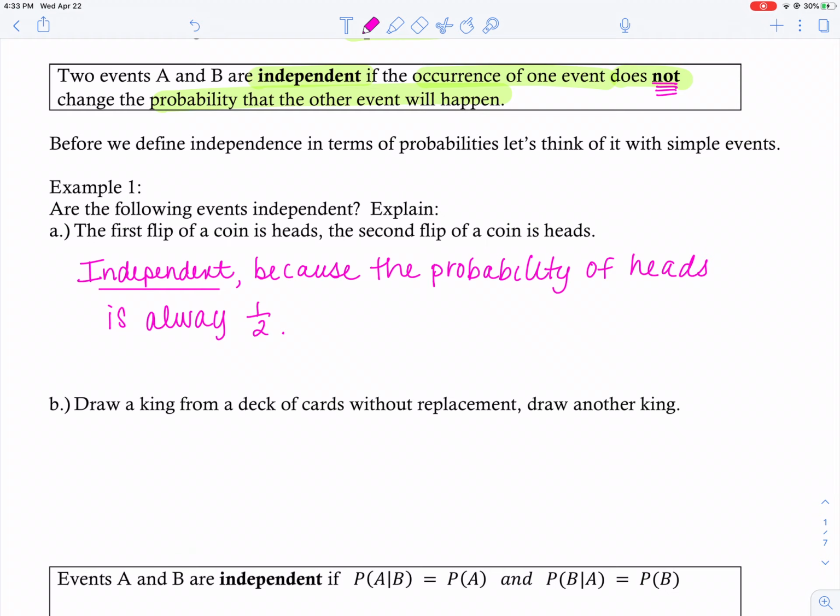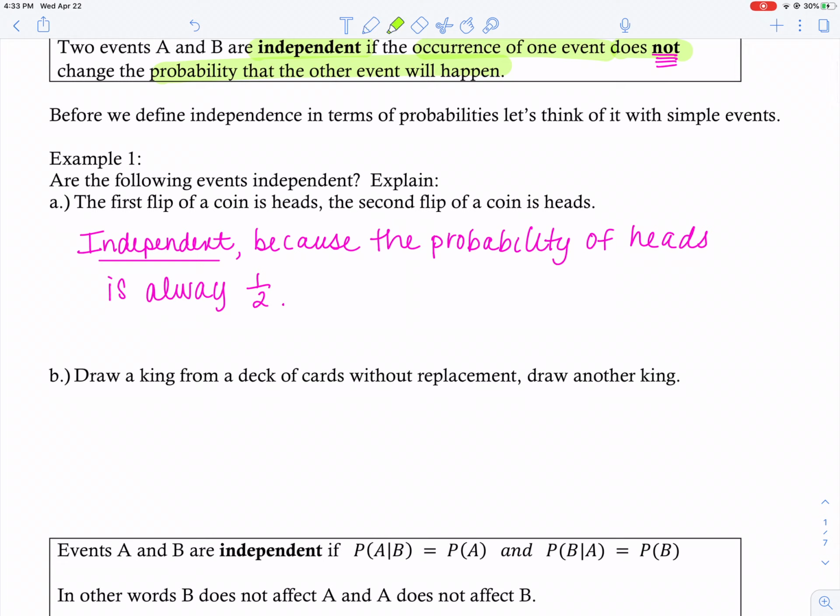Next one says you draw a king from a deck of cards without replacement, then you draw another king. Without replacement means you don't put it back. Will those events be independent of each other? No, these are going to be dependent. Your probability of picking the first king on the first pick is 4 out of 52.